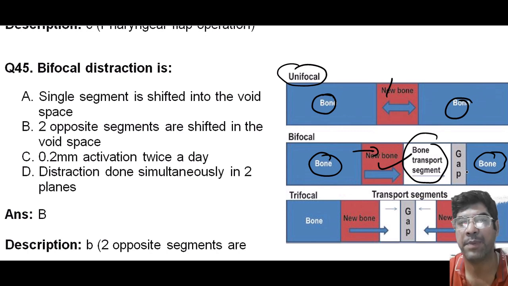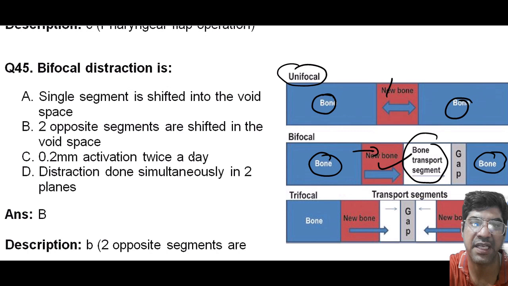An example of bifocal distraction is that it is commonly used in correction of midface and maxillary deficiency. The trifocal distraction is similar to bifocal, but it involves the use of two bony discs that are distracted from opposite ends toward each other to dock in the middle.